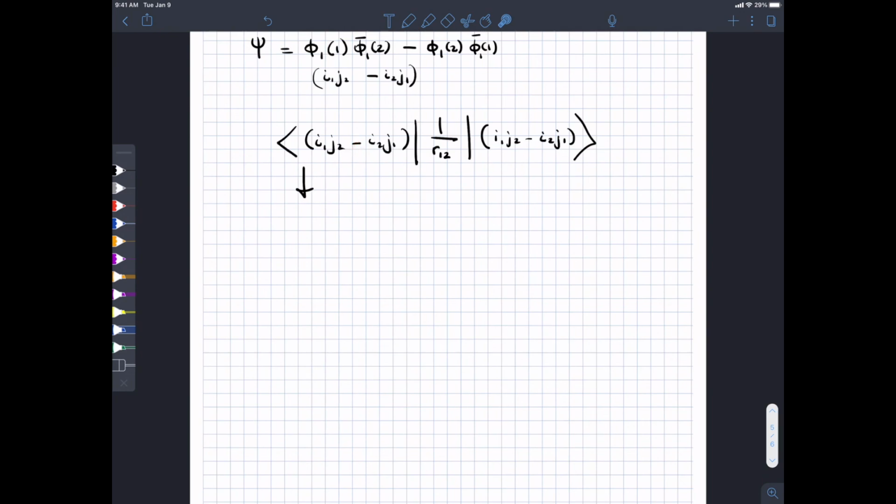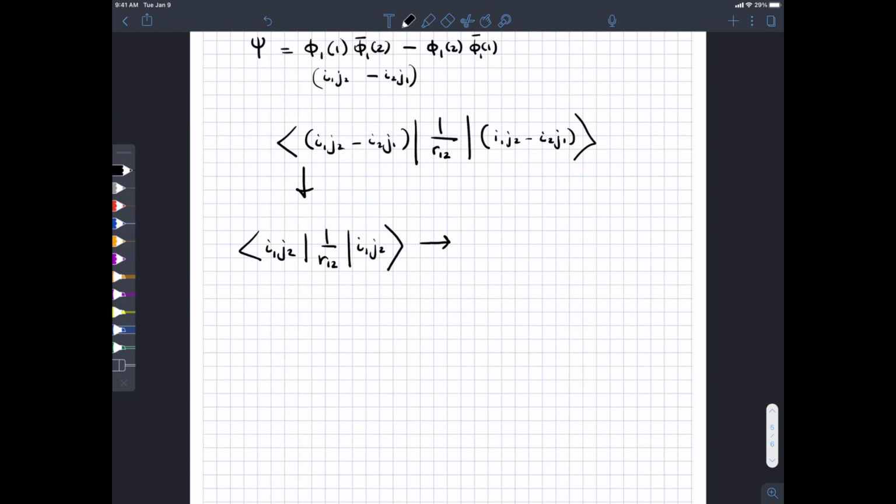Integrals, by the way, you can separate out as sums. So if we take this operator and apply it to this first term and then multiply it by the first term, we've got I1 J2 times I1 J2.